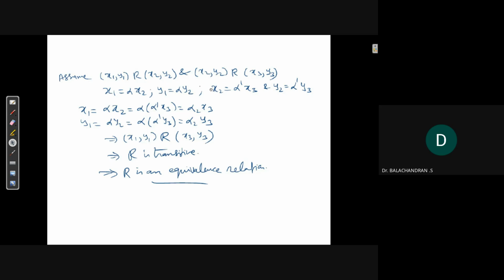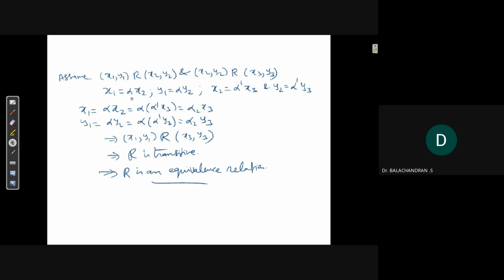Also x2 equals alpha dash into x3, and y2 equals alpha dash into y3. Now x1 equals alpha into x2, which is alpha into alpha dash into x3, so alpha into alpha dash is some other real number alpha 2, times x3.